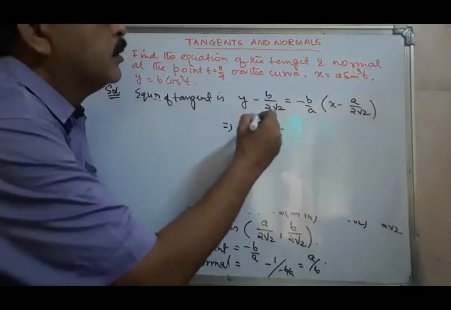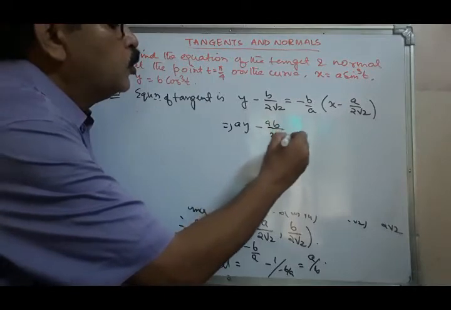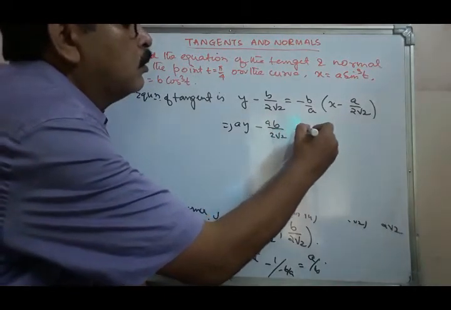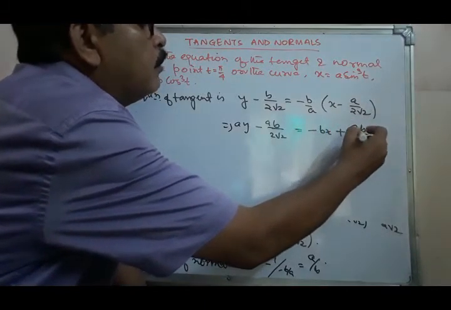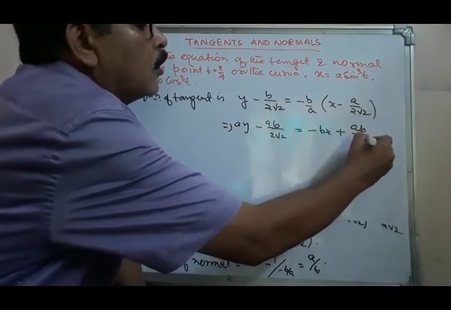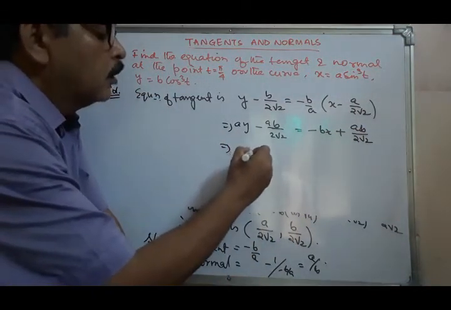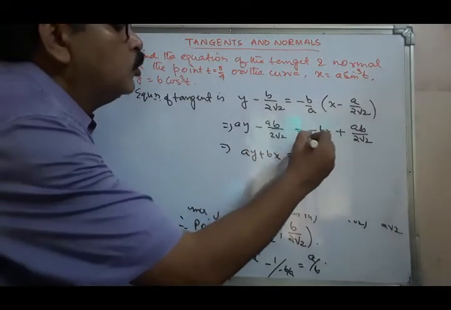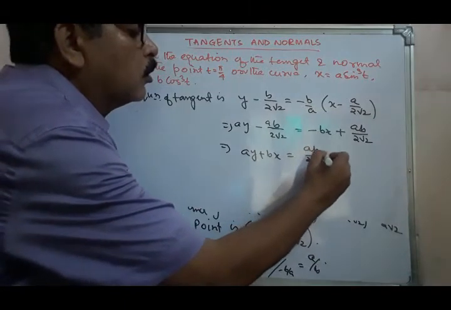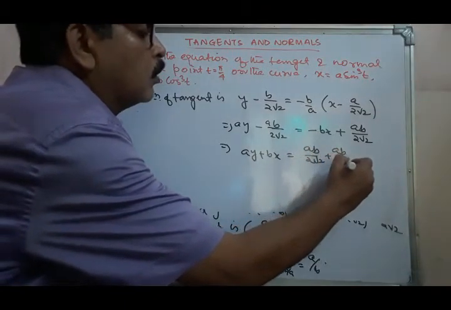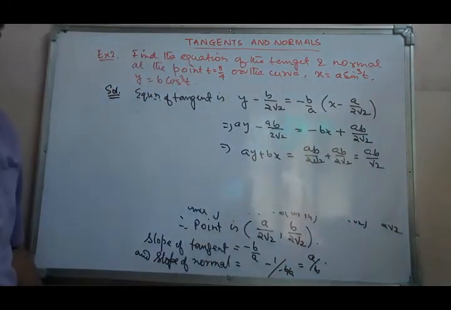So now ay minus ab by 2 root 2 equal to minus bx plus ab by 2 root 2. So that is ay plus bx equal to ab by 2 root 2 plus ab by 2 root 2, that is ab by root 2.